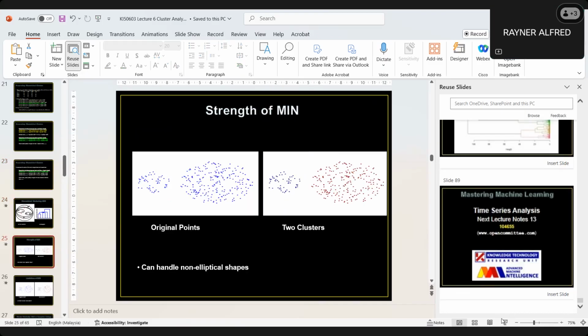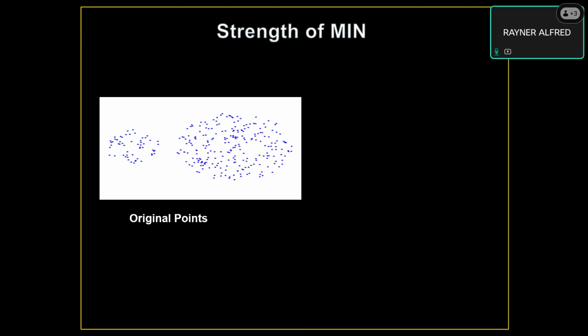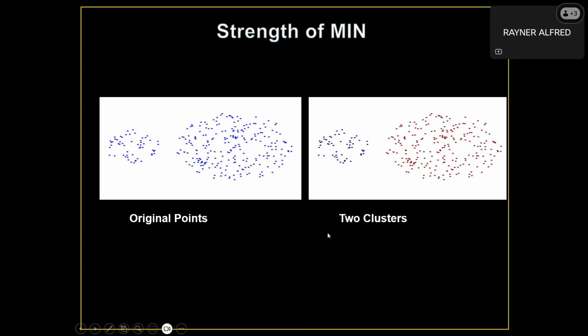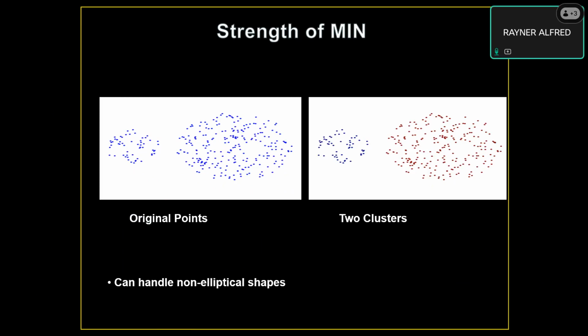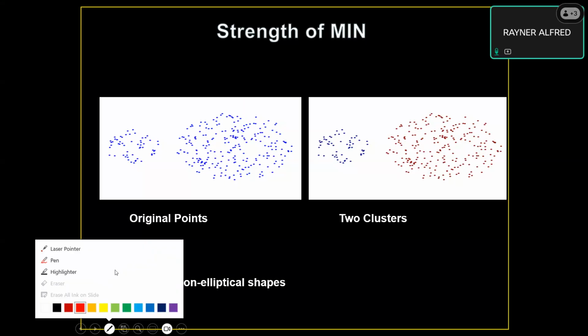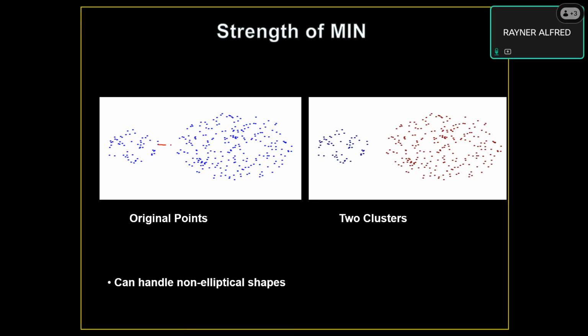Okay, the strength of the min, which is finding the shortest distance, is that you will be able to handle non-elliptical shapes. So basically, for the min, you are looking at the distance between two clusters here, based on the nearest one. Okay.